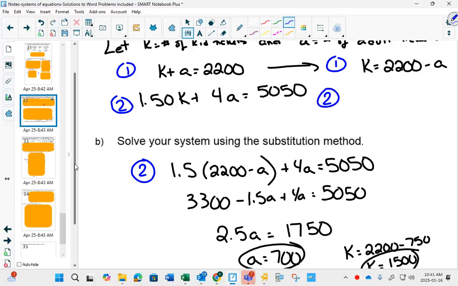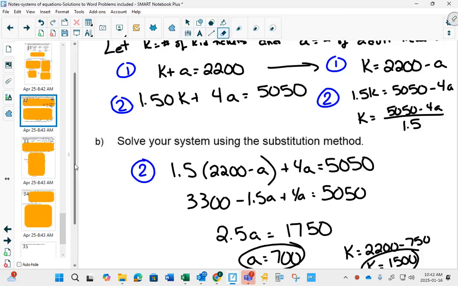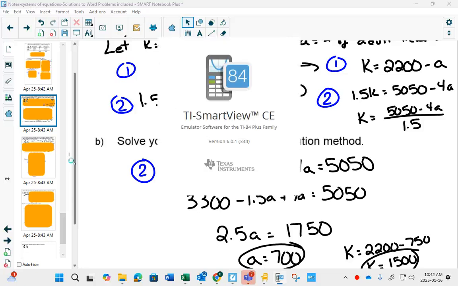So what I'm going to do is take equation 2, both my equations, and I got K by itself in both of those.